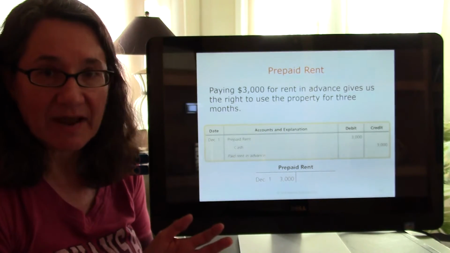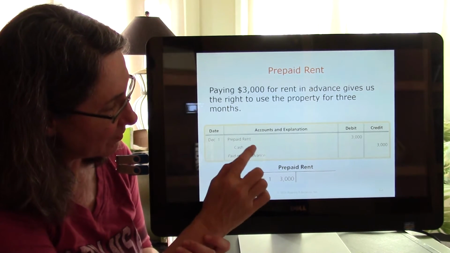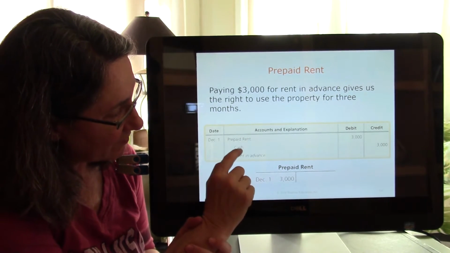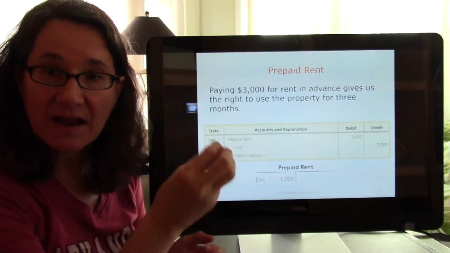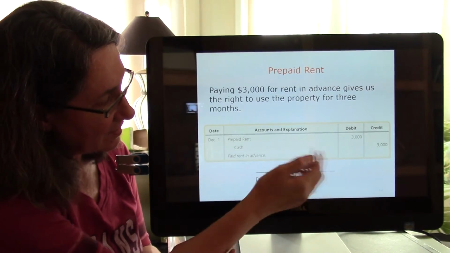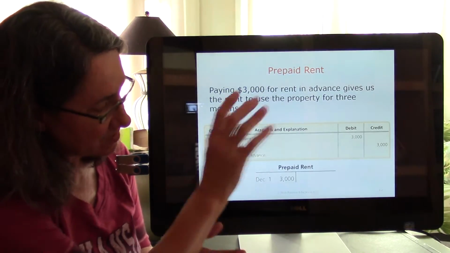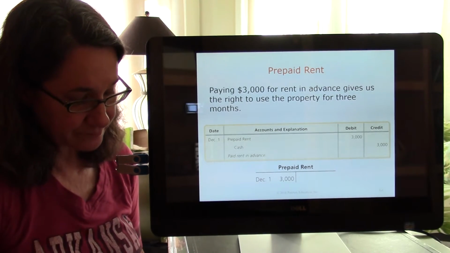Every time cash changes hands, you're making some kind of entry. So in December, they prepaid $3,000 of rent. Prepaid rent is an asset because it has future value. They paid cash, so clearly we credit cash, and we got this new asset, prepaid rent, on the books.